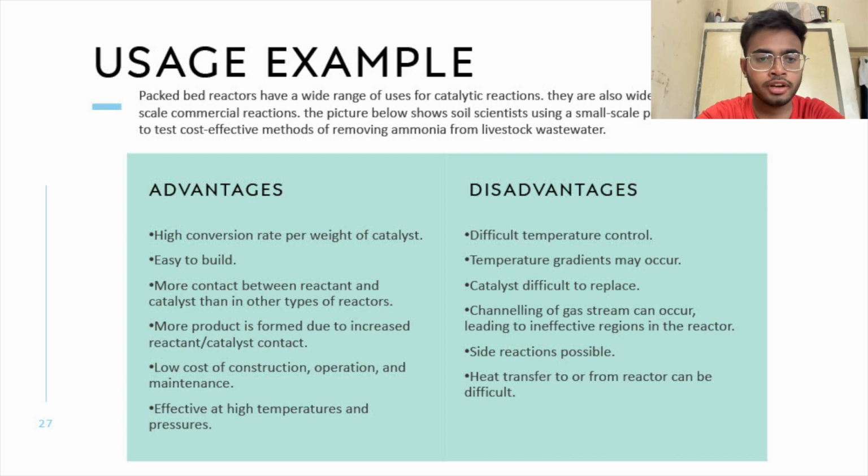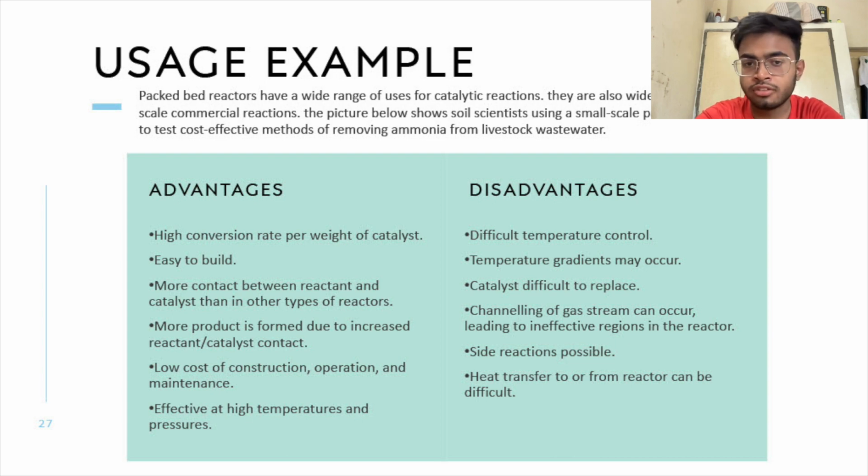More contact between reactant and catalyst occurs, so the reactant has enough time to react with the catalyst. More product is formed due to increased reactant and catalyst contact. Again, low cost of construction, operation, and maintenance, and they are effective at high temperature and pressure.